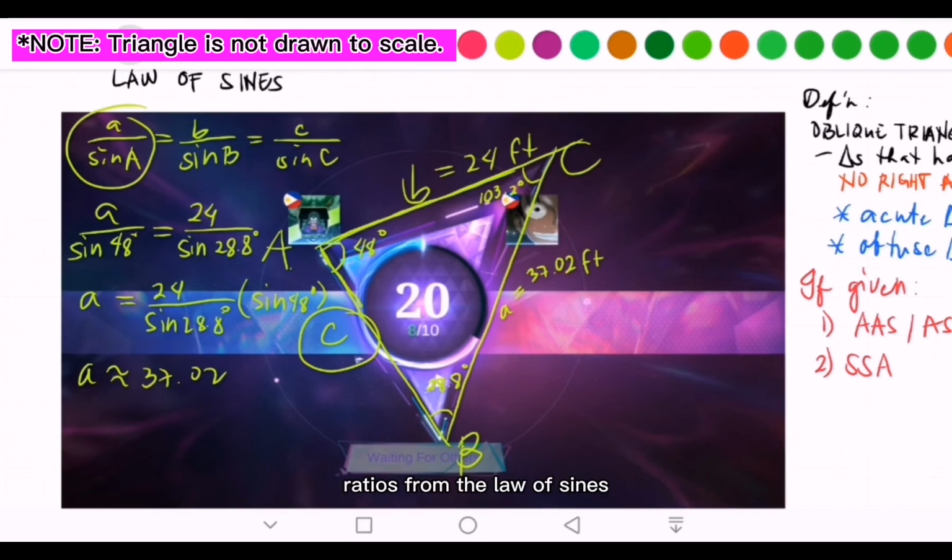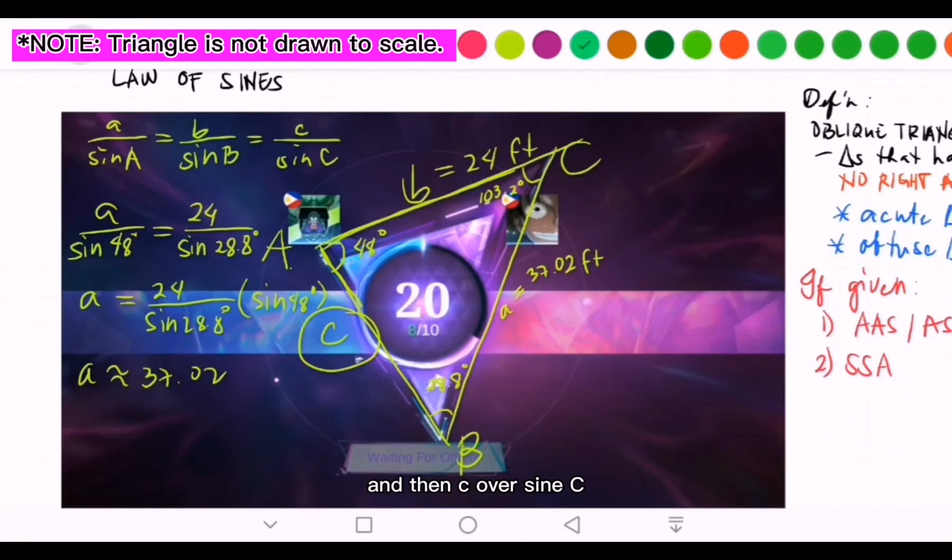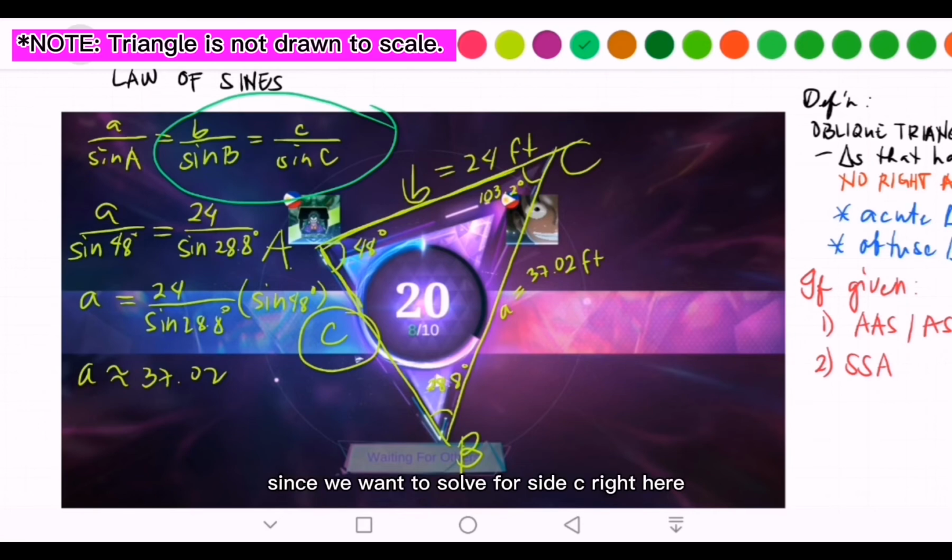Now, if we want to solve for side c, we need to use another pair of ratios from the law of sines. Let's take, for example, b over sine B and c over sine C. Since we want to solve for side c, we use this pair of ratios.